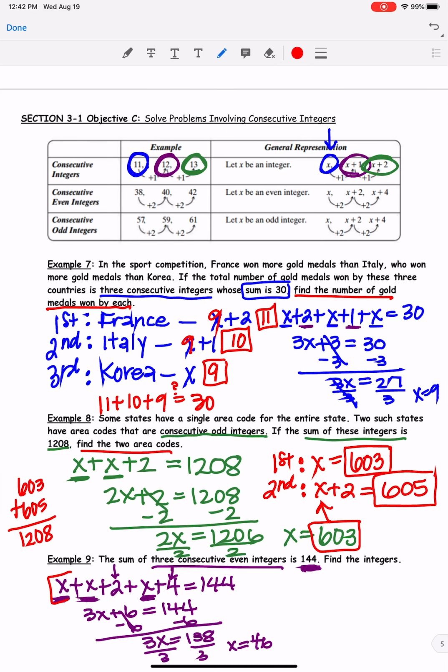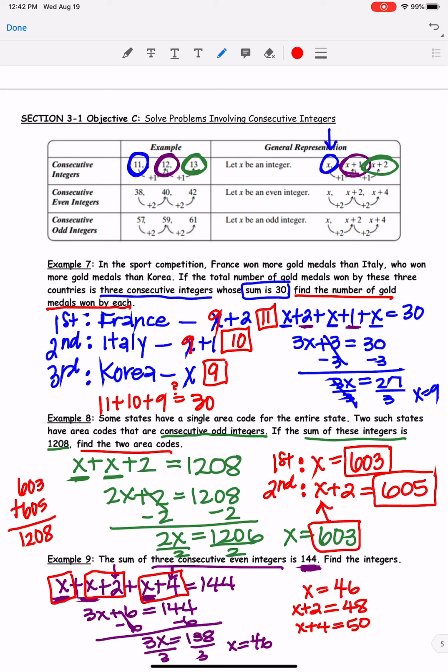So my first number was x, so that means that is 46. My second number was x plus 2. That gives me 48. And my third number is x plus 4, which will then give me 50.